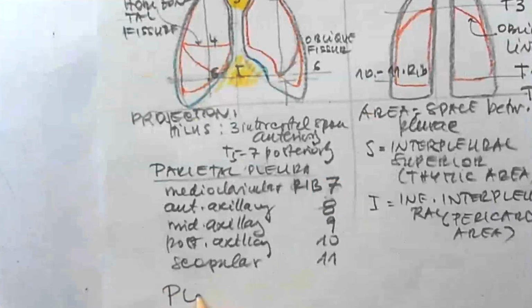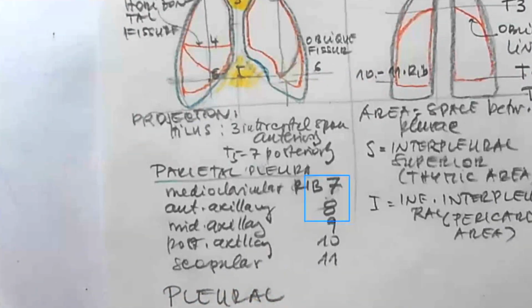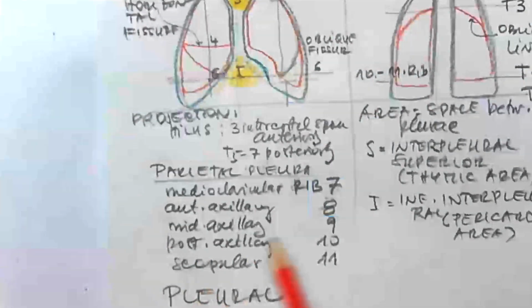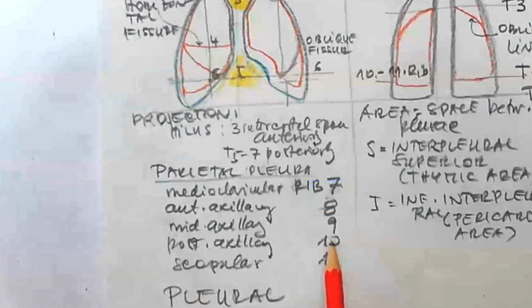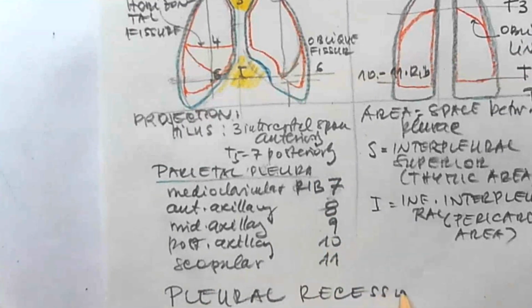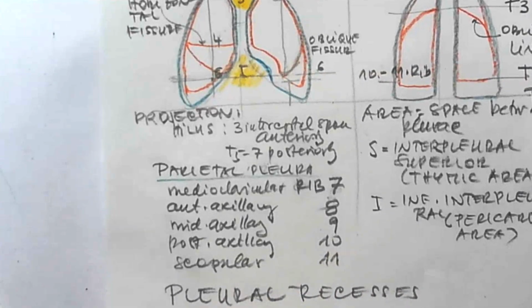Pleural recesses. We have drawn pleural recesses, but we have to say some words about the pleural recesses quickly. Maybe the recesses are repeating. First was the costodiaphragmatic.